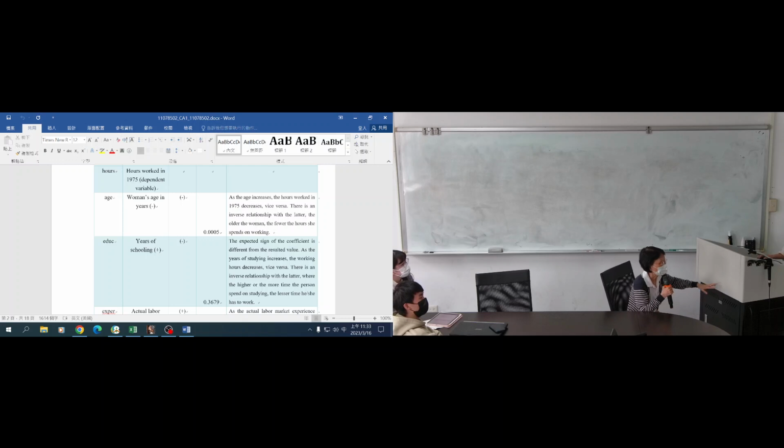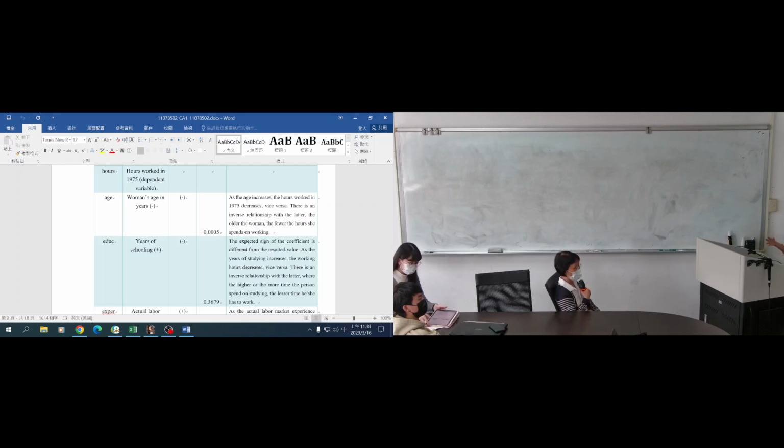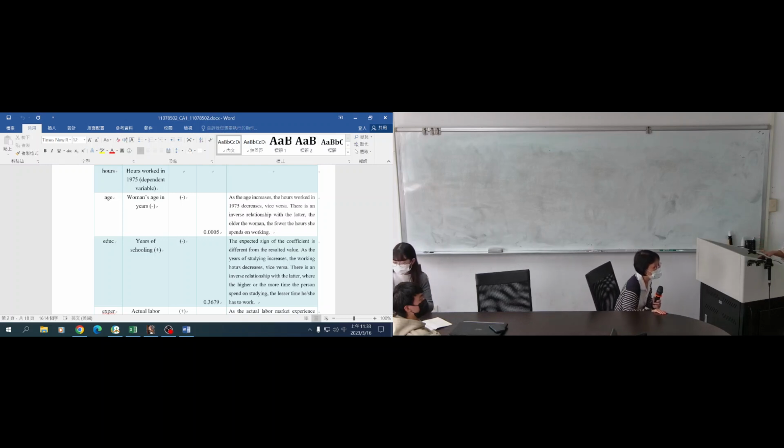And then for the years of schooling, instead of positive, I got a negative coefficient, so it is different from the expected value. As the years of studying increases, the working hours decrease, so there is also an inverse relationship. The more time the person spends on studying, the less time he or she has to work.